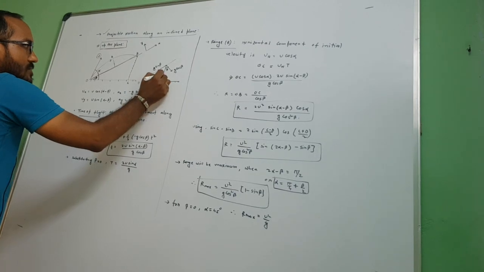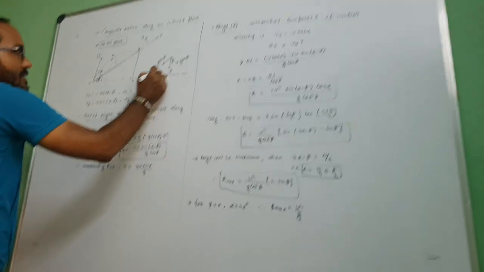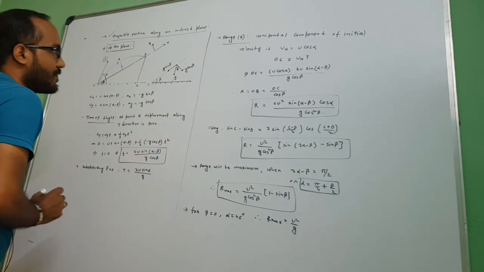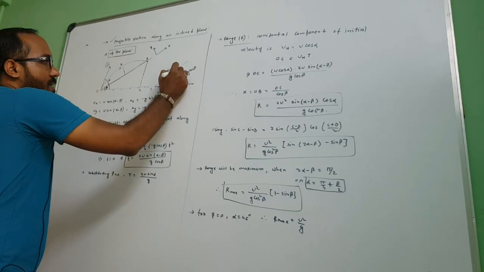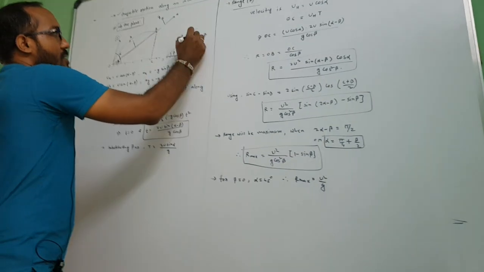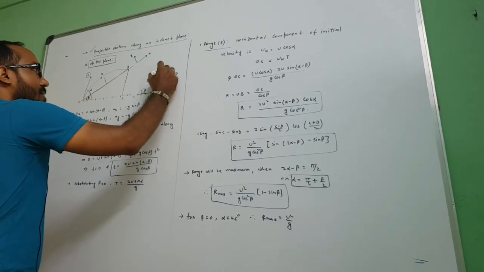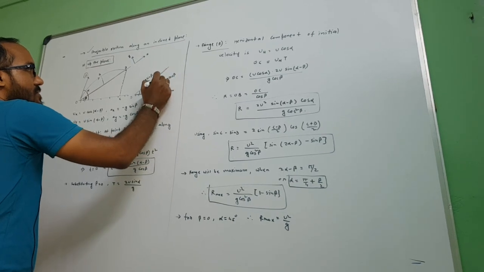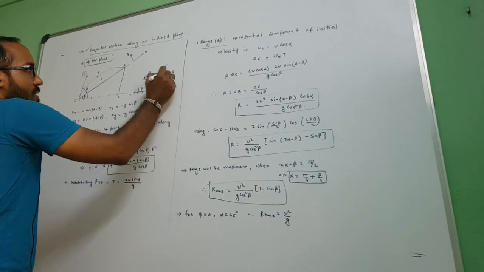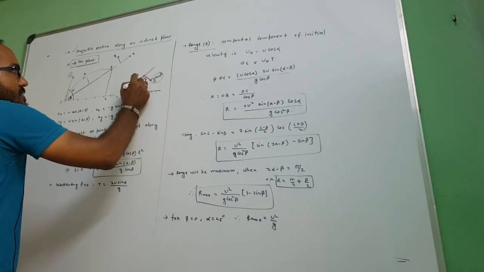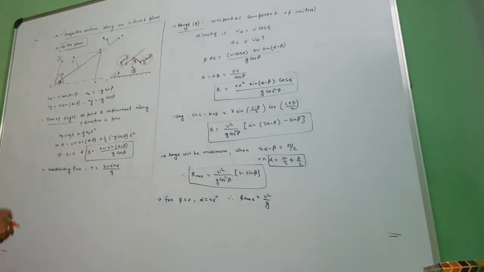With this being beta, this angle will be 90 plus beta, and this 90 minus beta, so this would be beta. So our perpendicular component would be g cos beta, and the component along the plane is g sin beta.